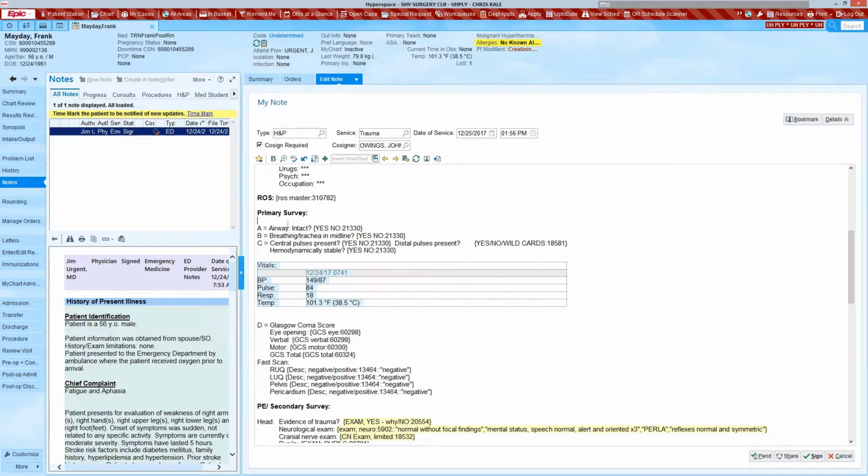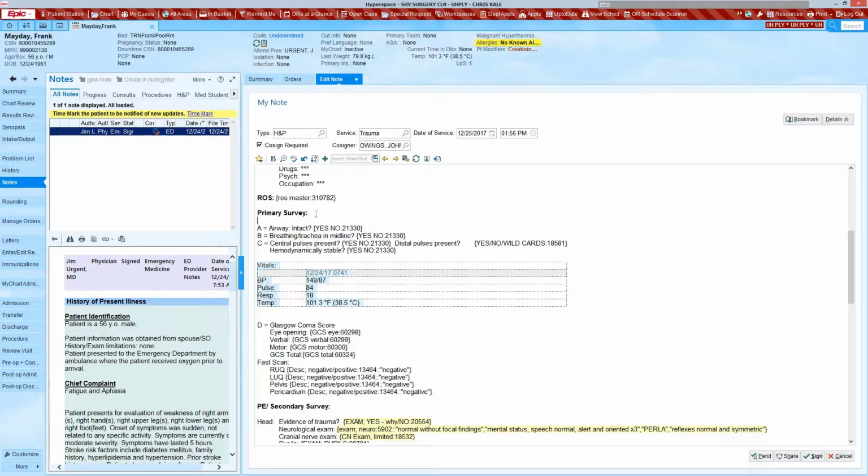Next are identifiers from our primary survey. During the primary survey, we assess the ABCs as well as DE. So we can specify whether or not the airway is intact, breathing, central pulses, whether or not the patient was hemodynamically stable in the trauma bay when they arrived.